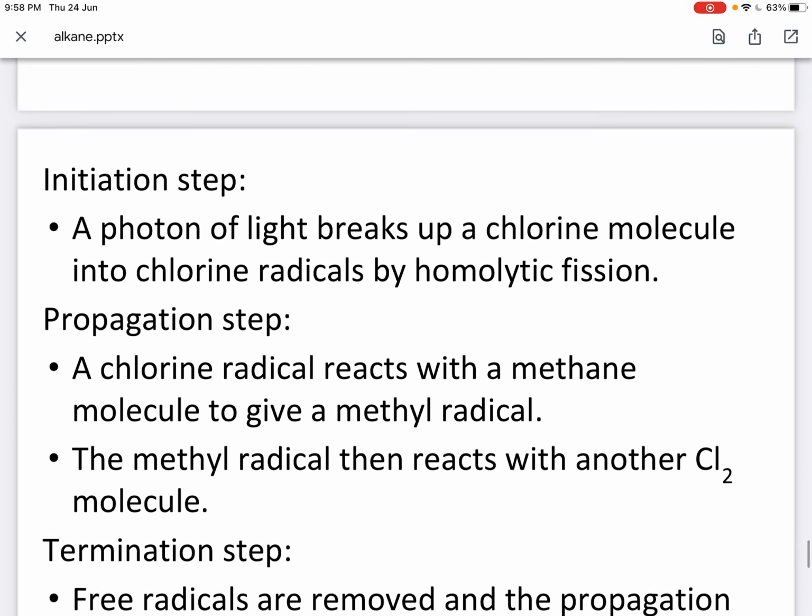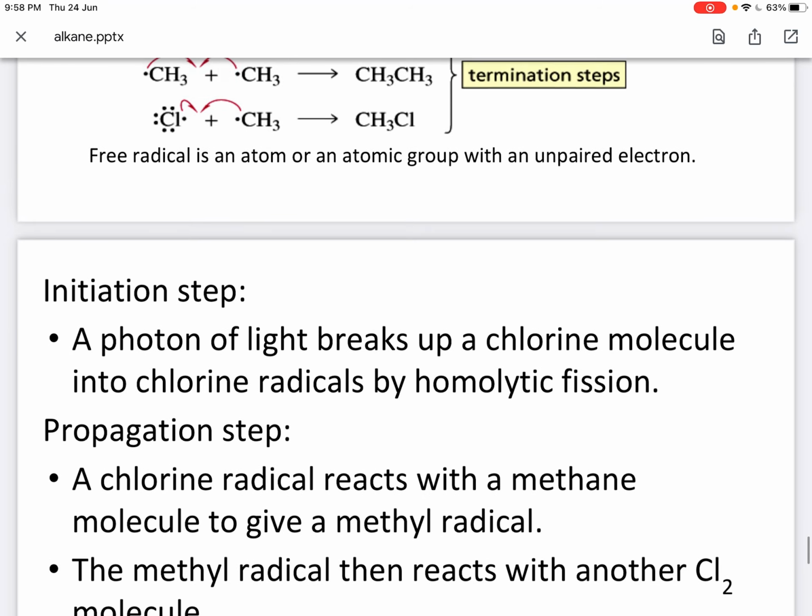So yeah, there are a few steps: initiation, propagation, and termination.